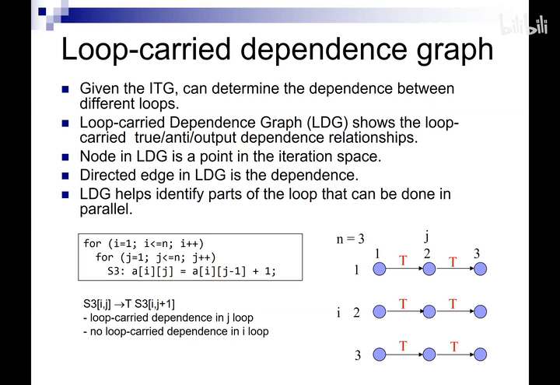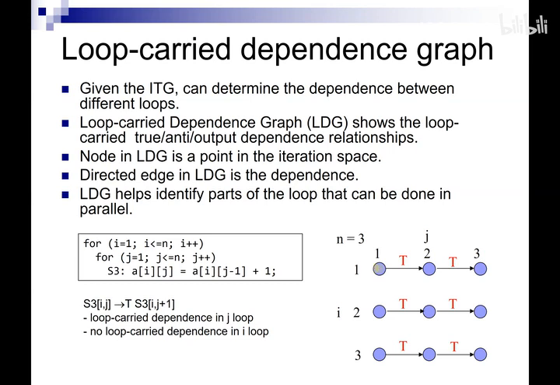To represent this in the LDG, we have a node for every iteration. Since you have a loop carry dependence in the j loop, for each fixed value of i, if you look at one value of j and the next value of j, there's going to be a true dependence there. So we make an edge there, and you can label that with T for the true dependence.